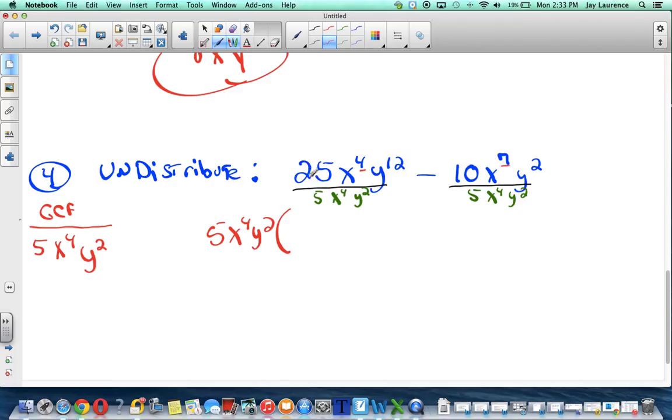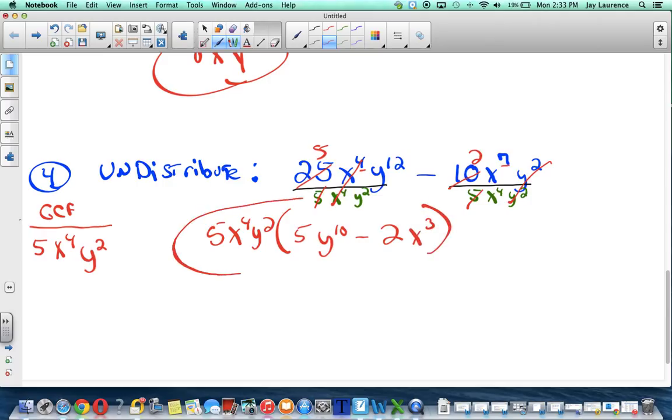Up here, 25 divided by 5 is 5. X to the 4th cancel. Y to the 12th over y squared will be y to the 10th. 10 divided by 5 is 2. The y squareds cancel. X to the 7th over x to the 4th will be x cubed. And there you go. Pretty simple stuff.